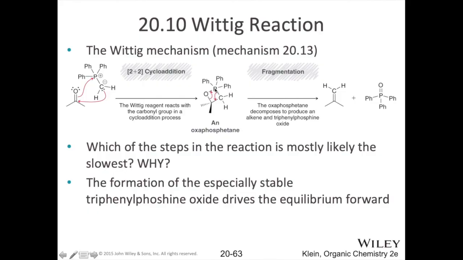Okay, and at the same time you're breaking that phosphorus carbon bond and forming a carbon carbon double bond. Okay, so that's what happens here. You form a double bond between the carbons, you form a double bond between the phosphorus and the oxygen. This is a relatively stable molecule that breaks away, driving this reaction forward. And there's your product, your alkene product. Okay.